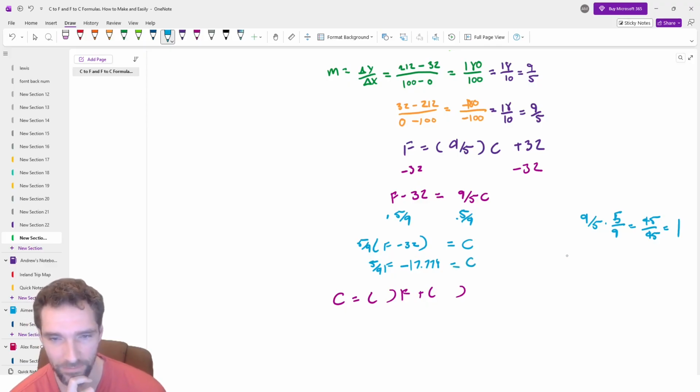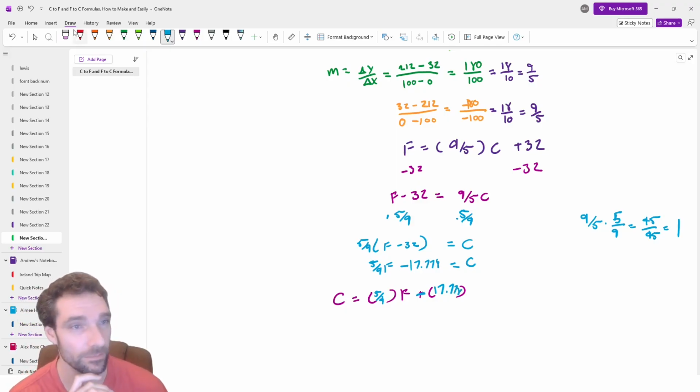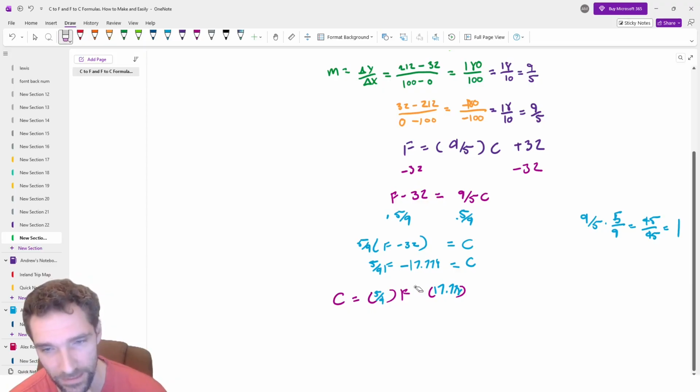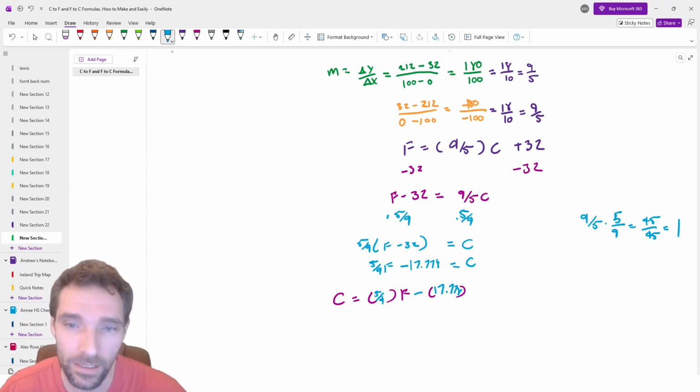And so we do have our C value here being equal to 5/9 Fahrenheit minus 17.778. If you were doing sig figs, it's going to be a bit different, but that's the big picture on the formula that way.